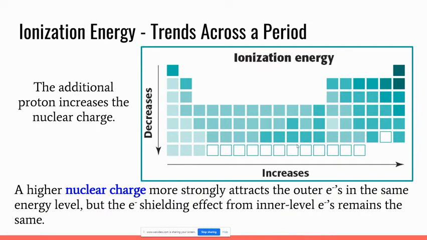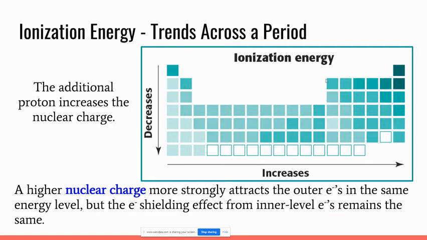As we move across a period, we're going to increase our ionization energy, and that has to do with that effective nuclear charge. So if we just look at this period 2 group of elements here, here's your lithium and your beryllium, and we've got 3 protons here. Here we've got 4. Again, we're in the same energy level, the second energy level.